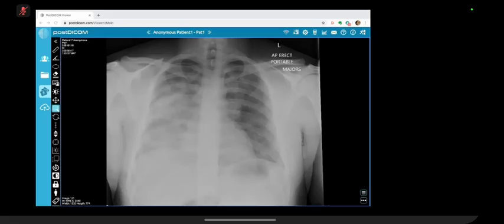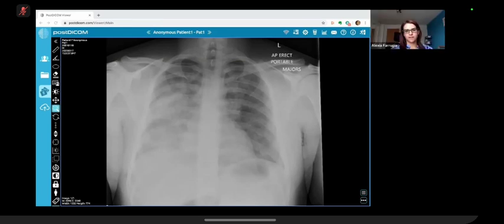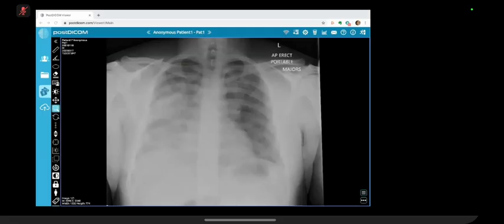I don't see any bony abnormalities. The cardiac border is difficult to evaluate due to the opacification on the right side. In summary, there is bilateral airspace opacification, predominantly perihilar, more so on the right side with extension down to the peripheries and the base.